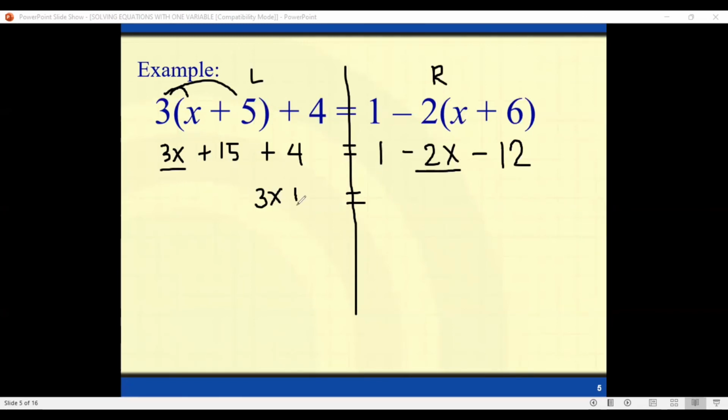So there is an addition of 2x on the left side of your equation. And then for the constant, we still have 1. We just have to copy 1 minus 12. And we have 15 and 4 here. So this is positive 15, positive 4, which will now become minus 15, minus 4.